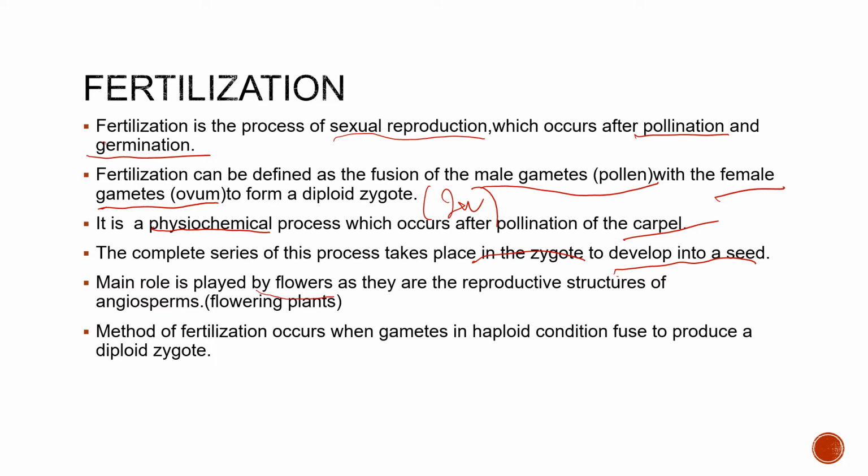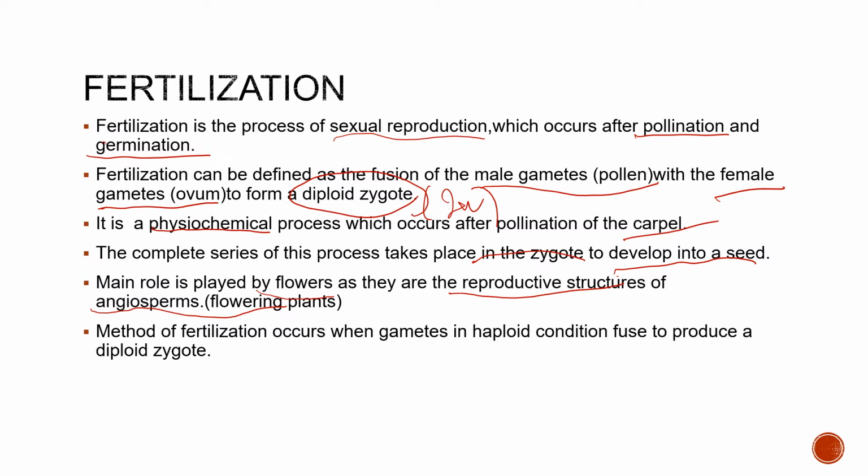They are the reproductive structures of the angiosperms. What are angiosperms? They are the flowering plants, and these are the main reproductive parts of the flowers. So fertilization is a process of fusion of male and female gametes to form a diploid zygote. Till this point I think it is clear.